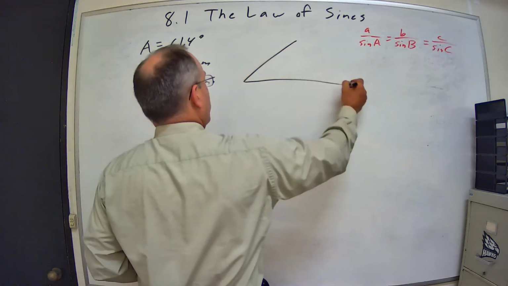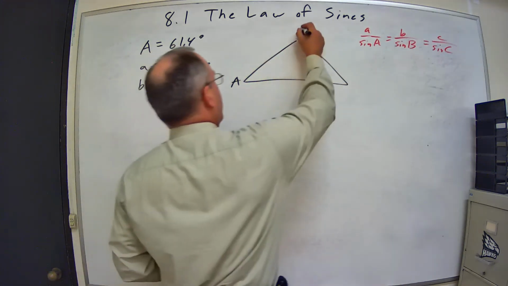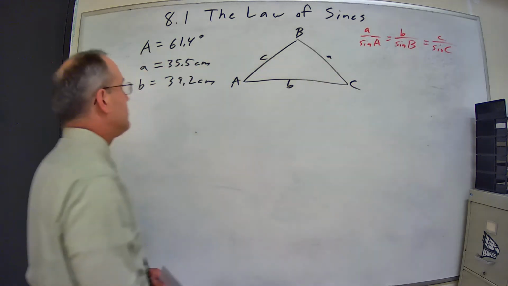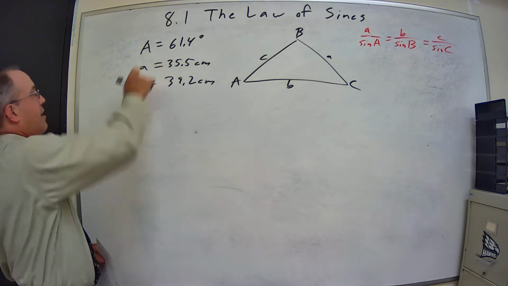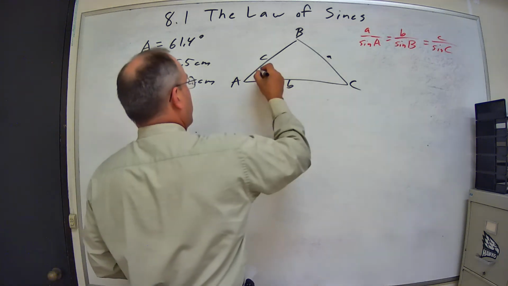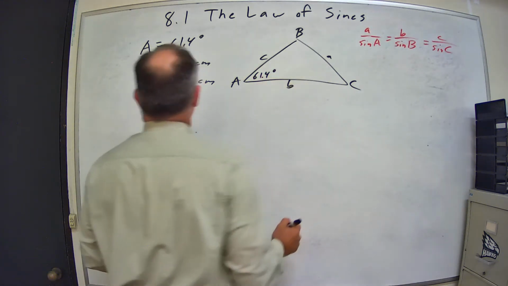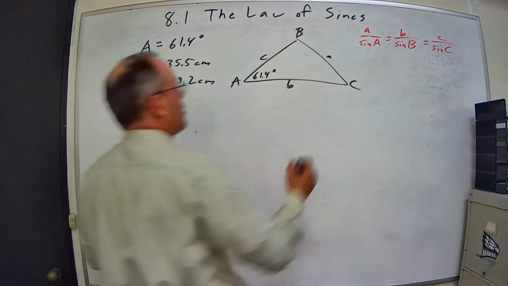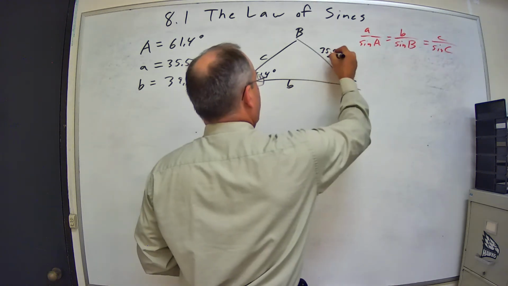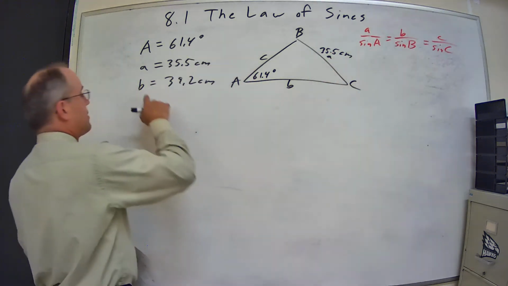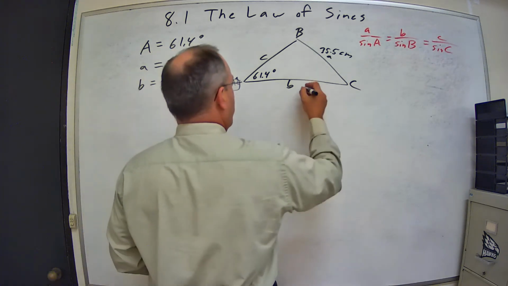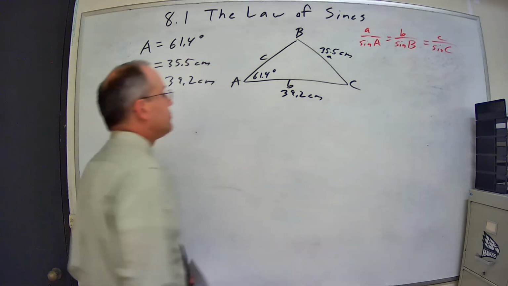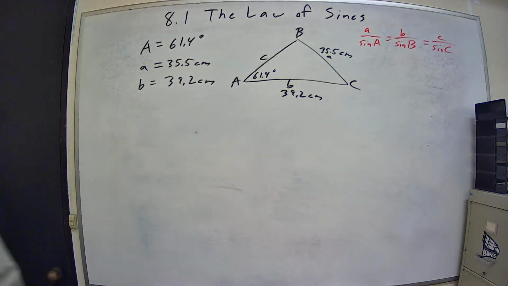Draw a triangle so that we can put this together. So we have A, B, C. Angle A is 61.4 degrees. Side A is 35.5 centimeters. Side B is 39.2 centimeters. Okay, so there's our start.